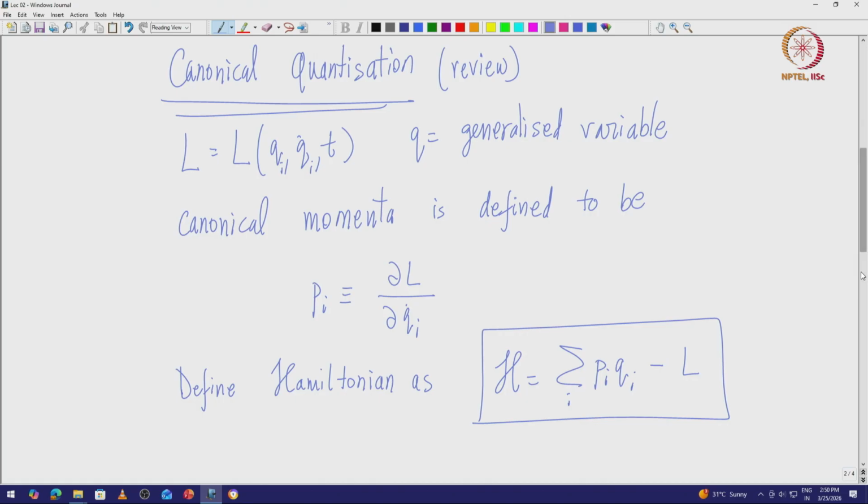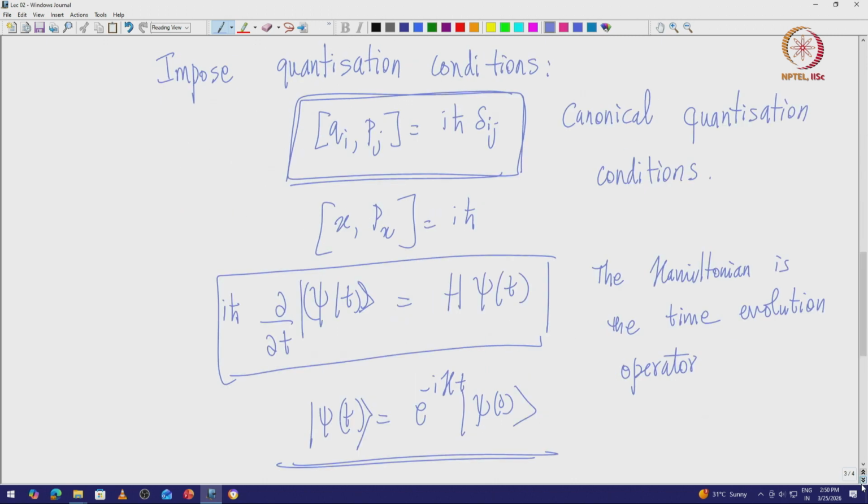These quantization conditions are nothing but the commutation relations between the variable and its conjugate momenta, q_i, p_j, in terms of i h cross. Now, this is exactly like the uncertainty principle condition which appears in quantum mechanics. You can write x, p, or x bar, p bar, equal to i h cross, and so on.